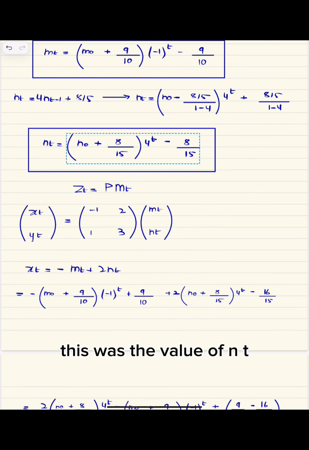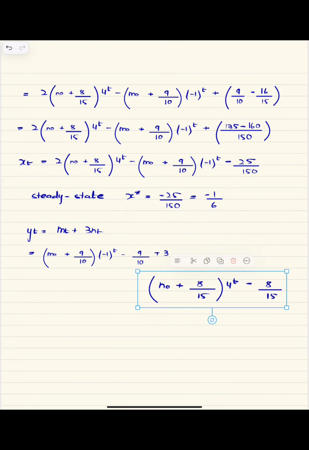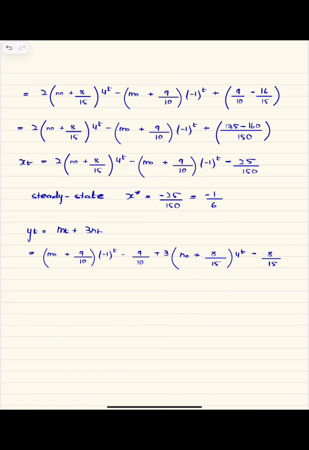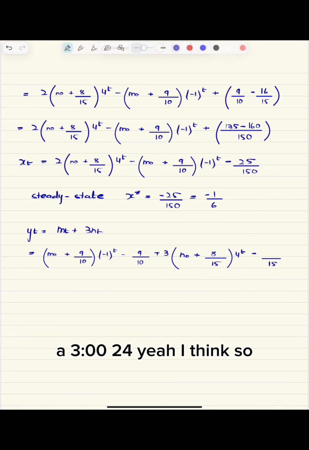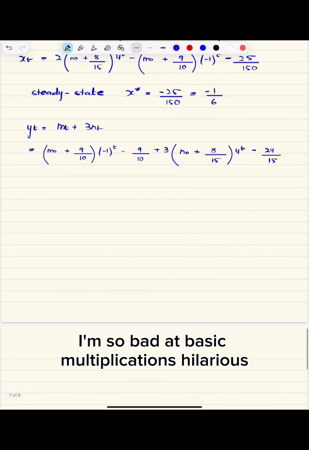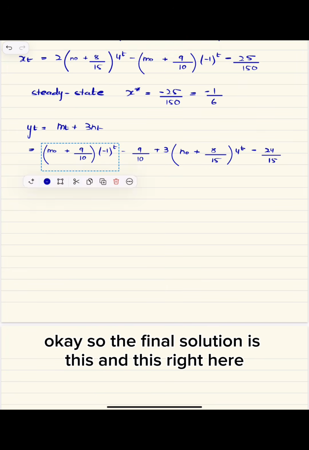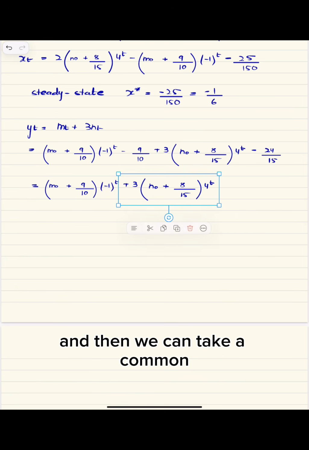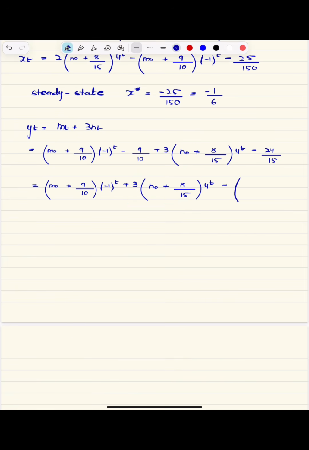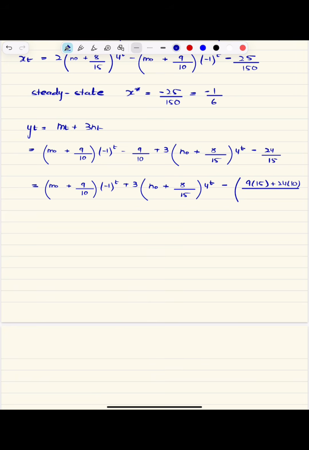This was the value of nt, where 8 3s are 24. Yeah, I think so. I'm so bad at basic multiplications. Hilarious. Okay, so the final solution is this and this right here, and then we can take a common denominator, 9 into 15 plus 24 into 10 over 150.